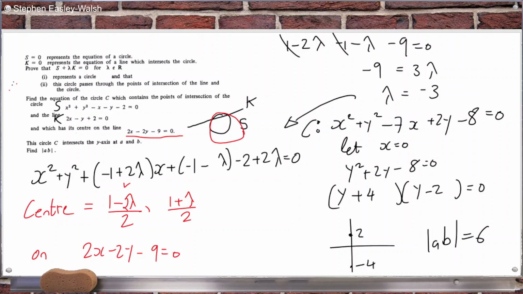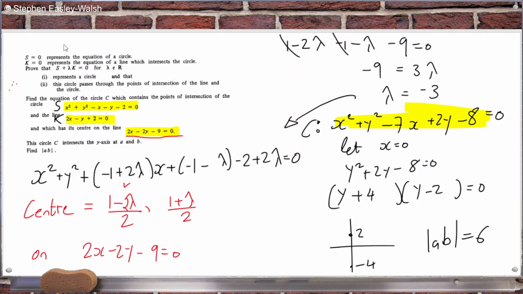Yeah, maybe this one I'll graph tomorrow, because what I can do is I can graph the circle C, which contains the point of intersection and that line, and I can graph this, and I can graph this. So what I'm expecting is something like this, like what I just drew there.